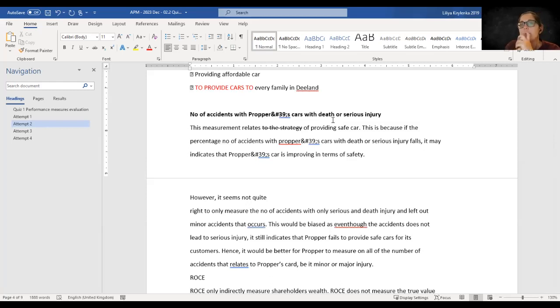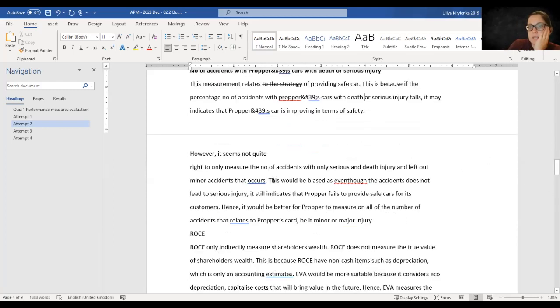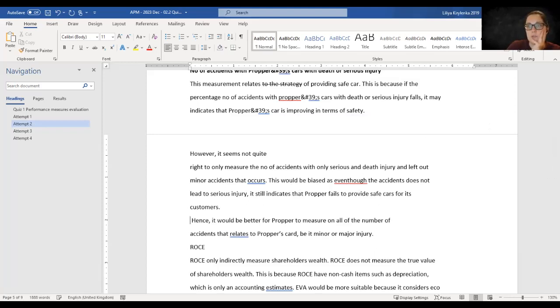However, it seems not quite right to only measure the number of accidents with serious injury and death, and leave out minor accidents that occur. This would be biased, and even though the accident does not lead to serious injury, it still indicates that Proper fails to provide safe cars for the customers. Okay, so look, in here, you are repeating yourself.